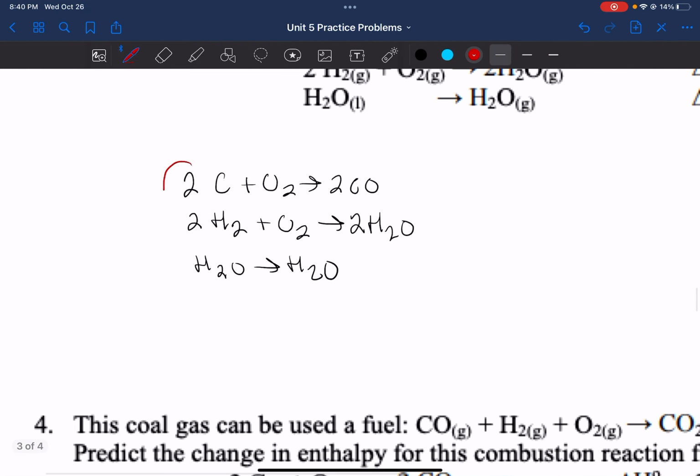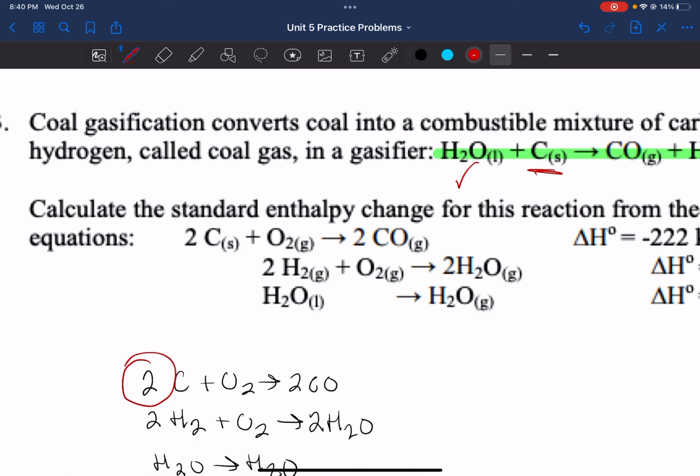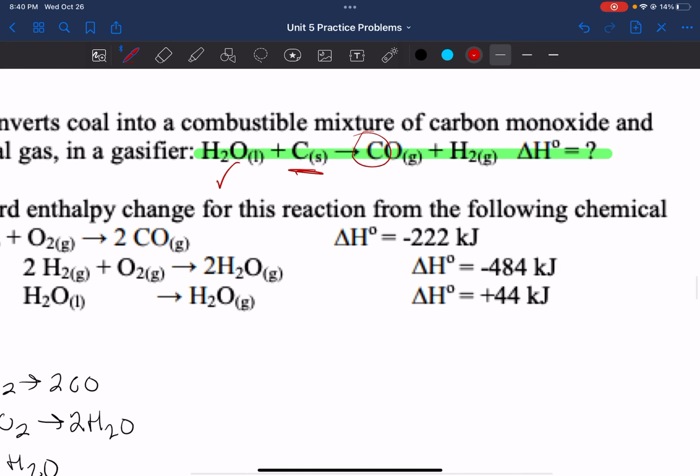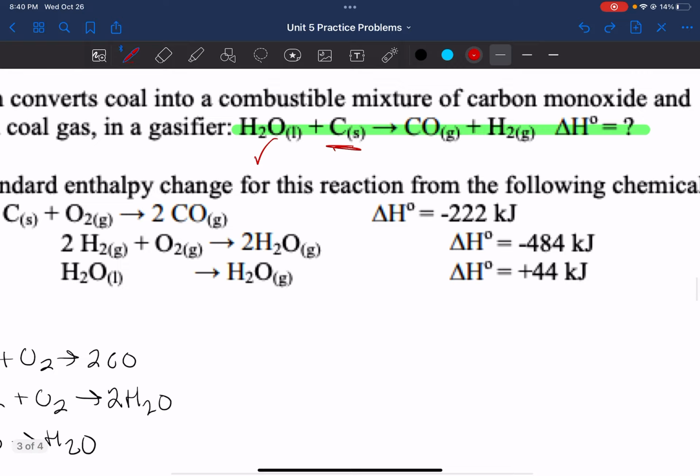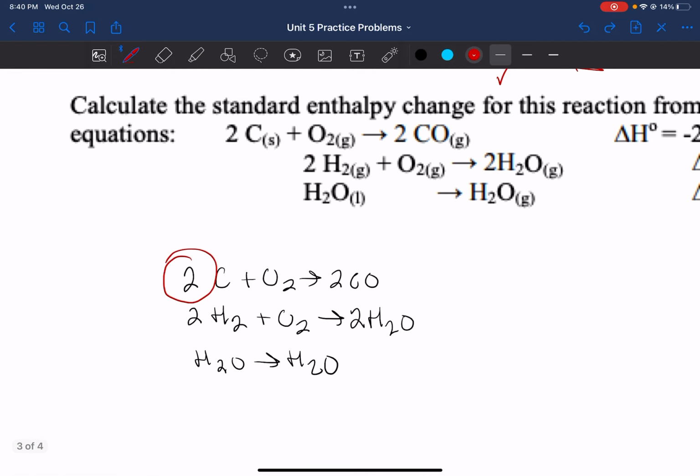Since there's 2 carbons here, and there's only 1 carbon here, this carbon doesn't count. But because there's 2 carbons here and 1 carbon in our final thing, we actually have to multiply this by 0.5.